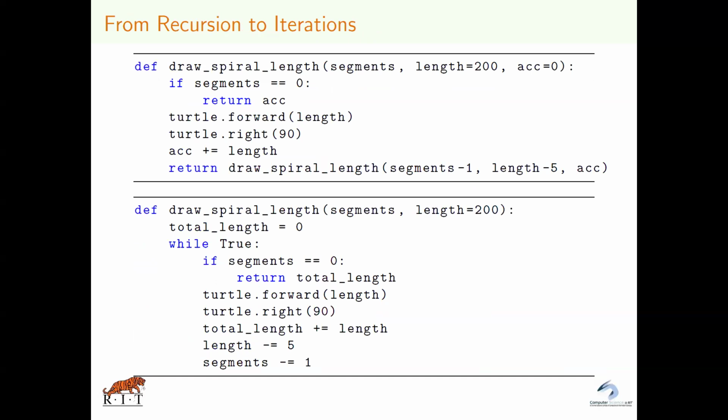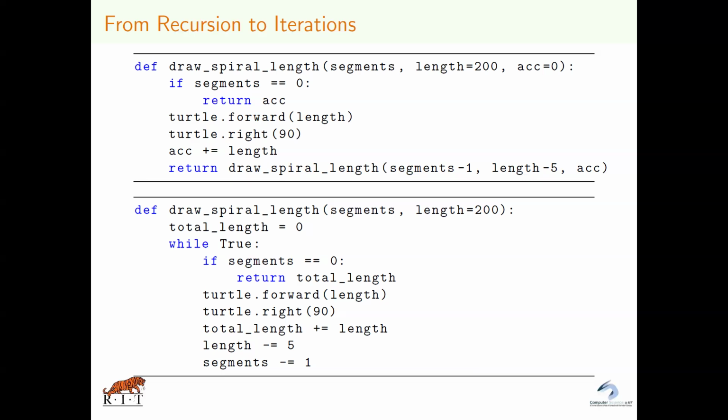Here's the code for tail recursion to calculate the length of the spiral. And here you can visually observe that this code was just transferred under a while loop. There is one change.